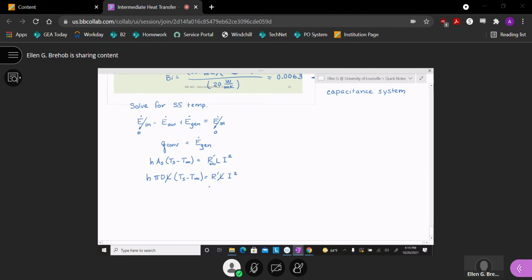Okay. And now I want to rearrange this equation. I'm trying to solve for T. Boy, I don't do electrical engineering type calculations very often, but just to remind you that an ohm times an amp squared is going to give me a watt, unit wise.